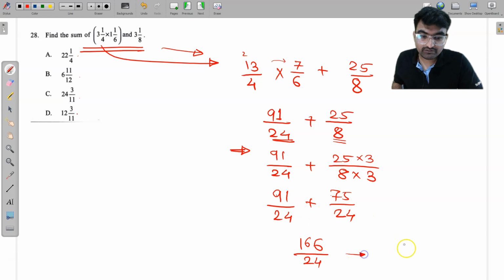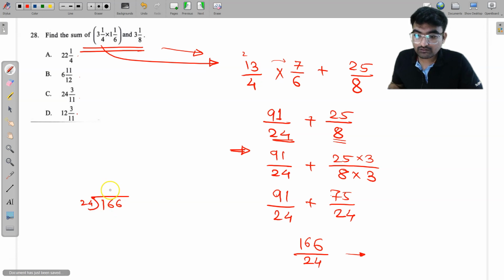So 24. If we divide 166 by 24, what will we get? Do you know the table of 24? Obviously no. So try multiplying. 24 into 6, 4, carry 2, 144. Right?